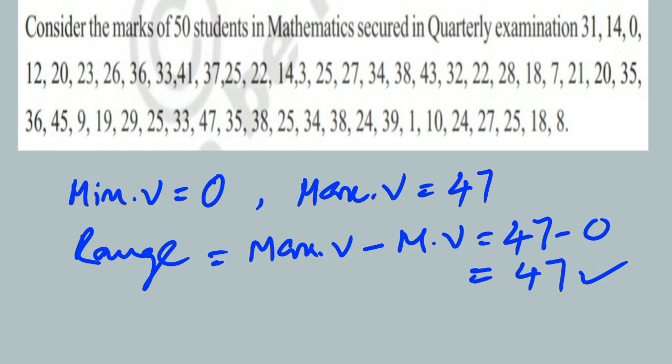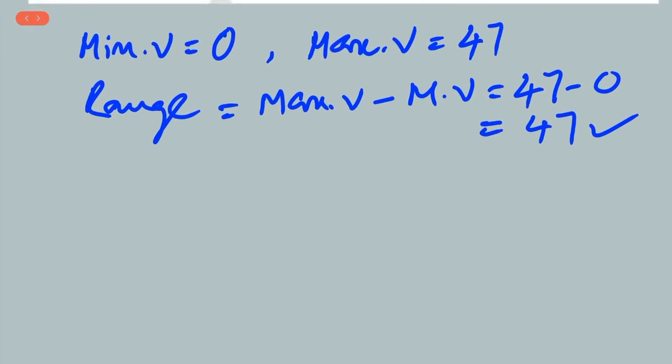After finding the range, we have to decide how many class intervals we need. That is in our hand. Generally we take 5 to 8 class intervals. There is no problem if you want to take more based on the given data.